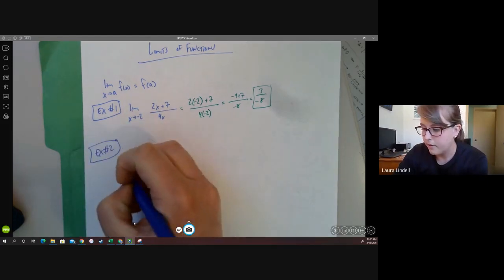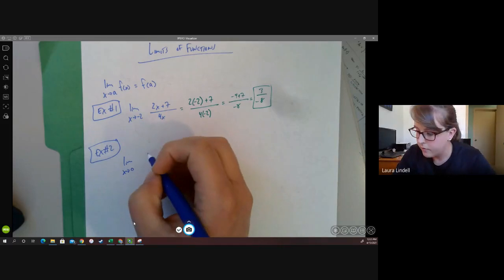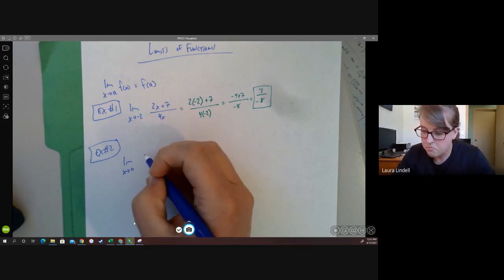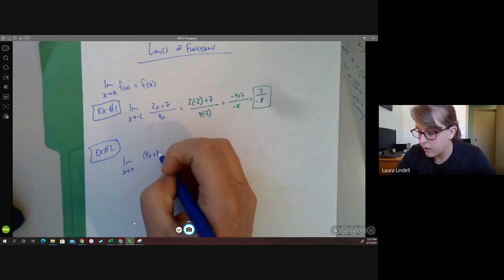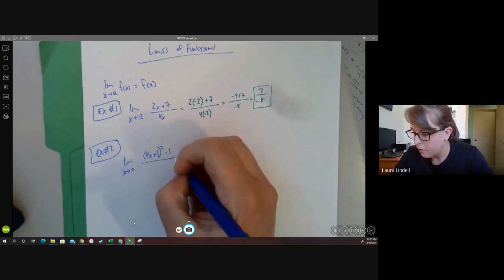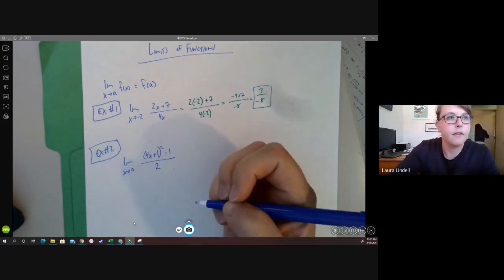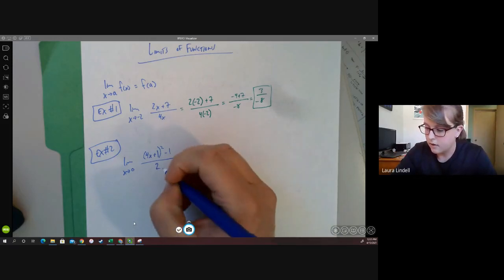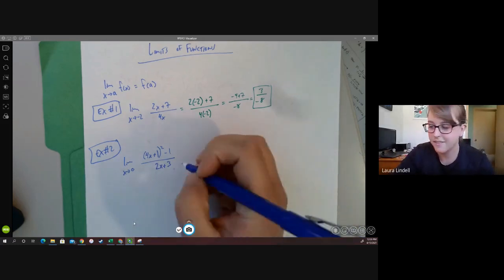The limit as x approaches 0 of ((4x plus 1) squared minus 1) over (2x plus 3). I made it 2x plus 3 just to make it interesting and give us somewhere else to plug in an x.